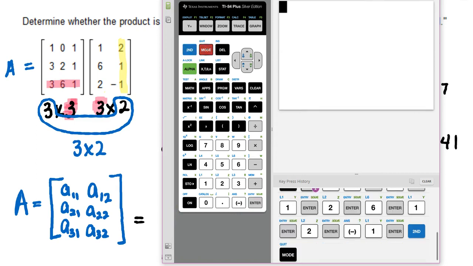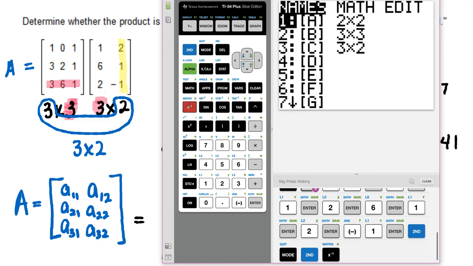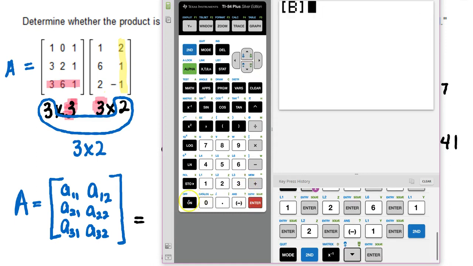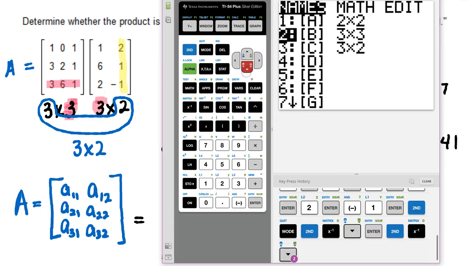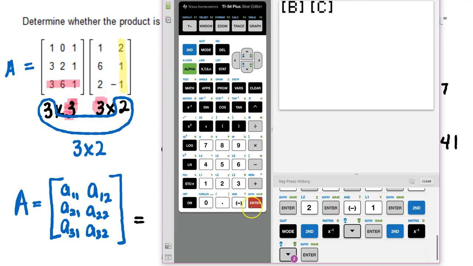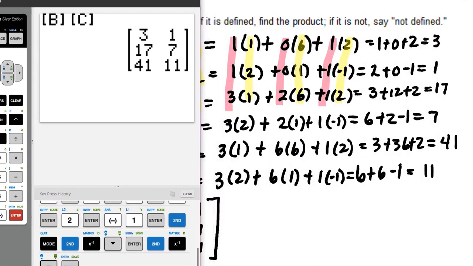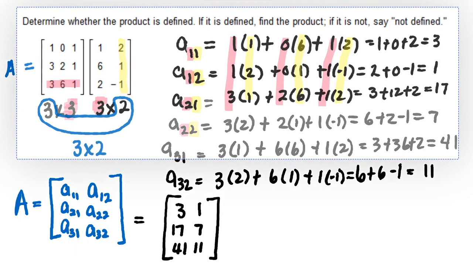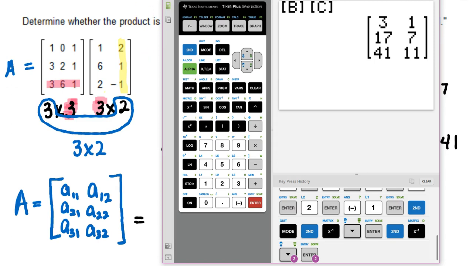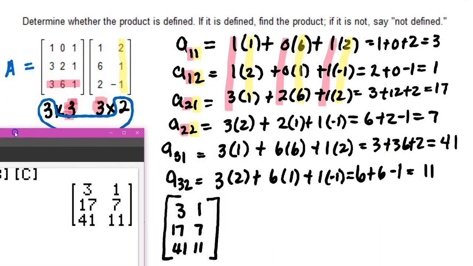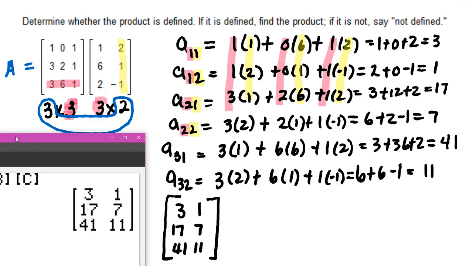I'm going to go to the home screen and back to the matrix menu because now I want to multiply matrix B by matrix C. And we get the matrix 3, 1, 17, 7, 41, and 11.